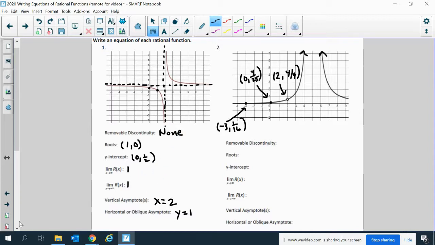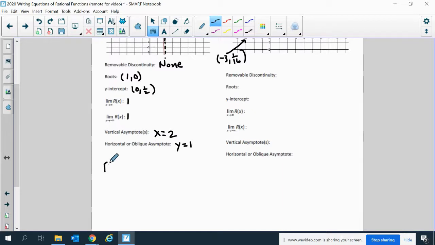So as I look at this, I want to write a rational function that meets all this criteria. So if there's a root at 1, I need an x minus 1 in the numerator. If there's a vertical asymptote at 2, I need an x minus 2 in the denominator. And then the only thing that we have to figure out is, does this meet all the other criteria?